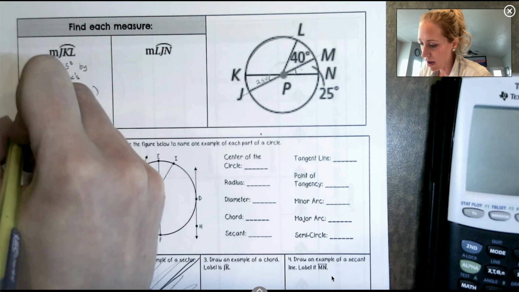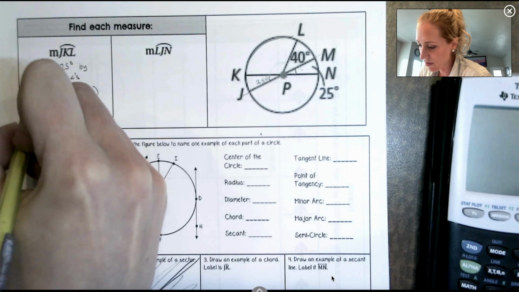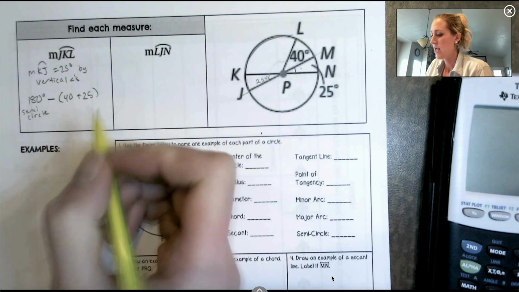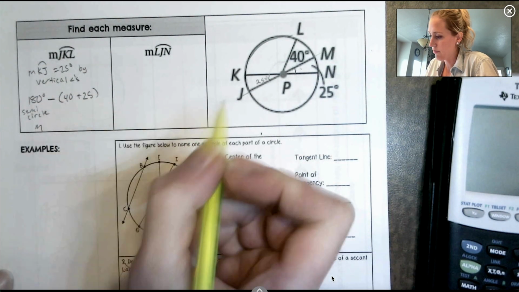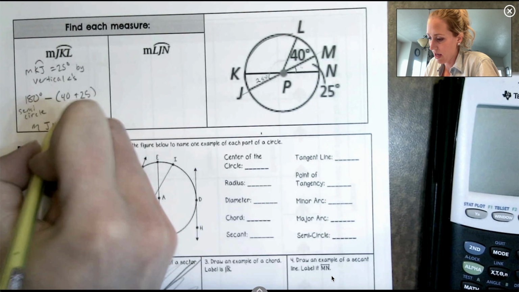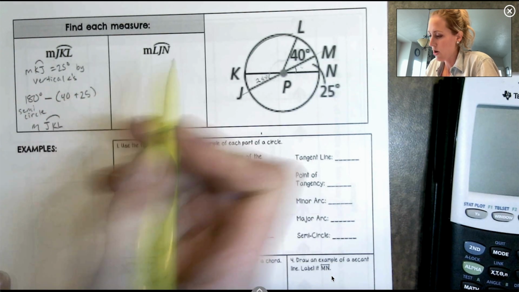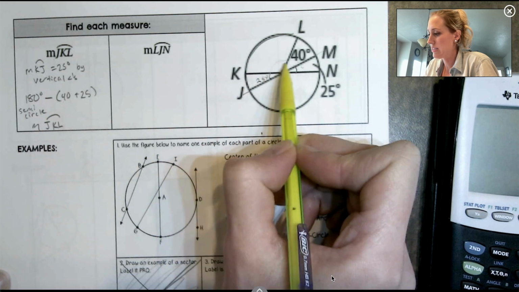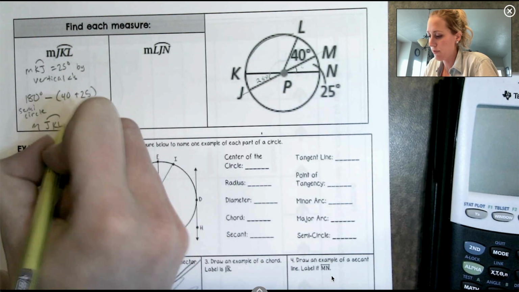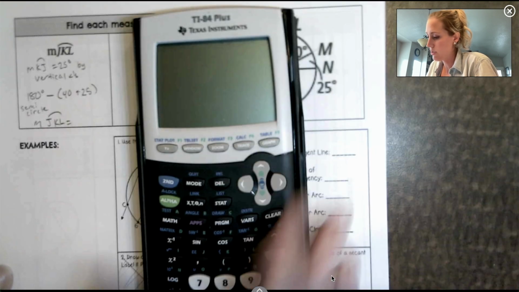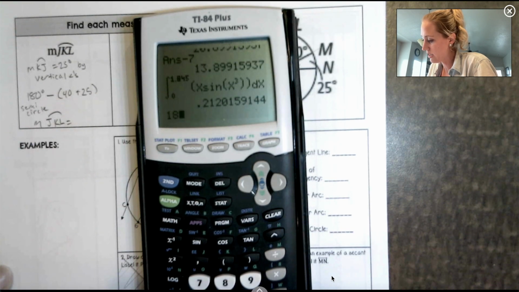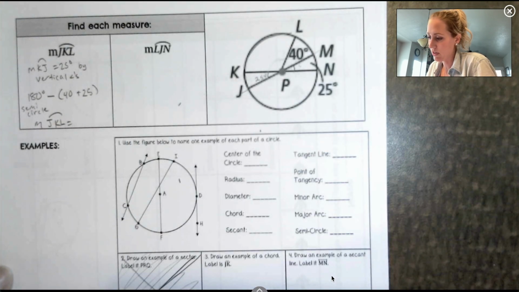And this comes from the semicircle. And this is going to be the measure of arc JKL. So the arc measure is the same as its central angle. So when I do that piece, 180 minus 40 plus 25, we got 115 degrees.